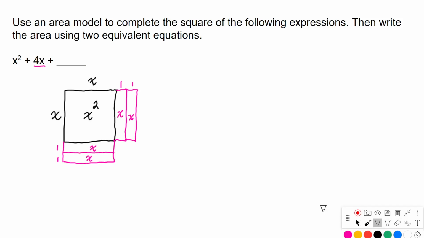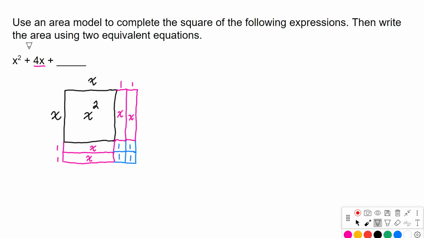But now I have this region in the lower right corner. Well, that's created with 2 columns from my unit measures on the side and 2 rows from the unit measures that I added on the bottom. Each of these squares is 1 square unit in area.